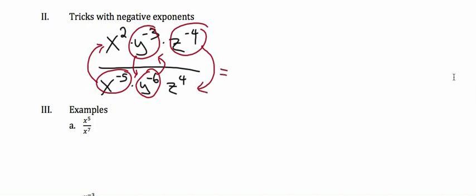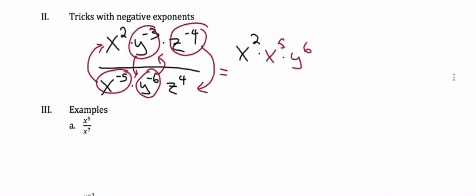This would give you a new expression. Our original x squared would still be in our numerator, and that would be it. Our x to the negative fifth is now in our numerator, and it's x to the positive 5. Our y to the negative 6 is now in our numerator, and it would be y to the positive 6.